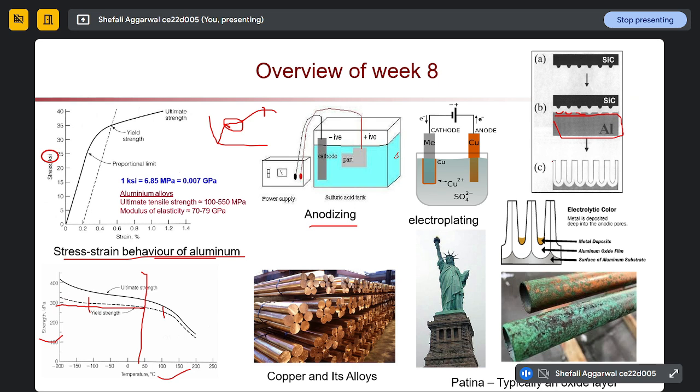These hollow gaps will be filled with aluminium oxide further, and it can create some colors, as you can see here. So this is your aluminium surface, and then you get an aluminium oxide film which is created like this, and then these gaps are filled with metal deposit. Mainly in anodizing, we are filling it with the same metal. So if this is made of aluminium, we are filling with the same aluminium metal deposit. If we add some pigments to it, you can make colorful anodized materials.